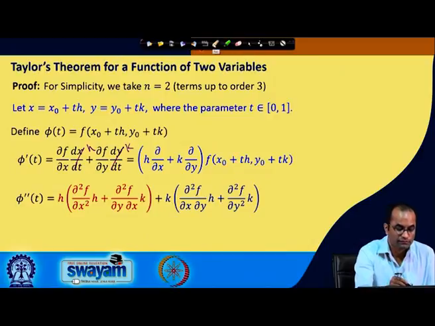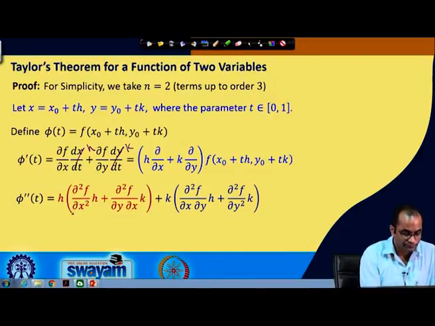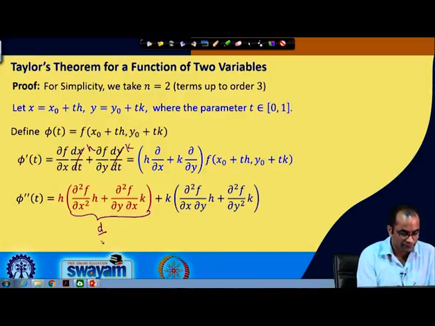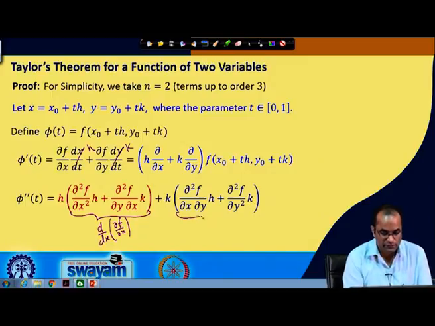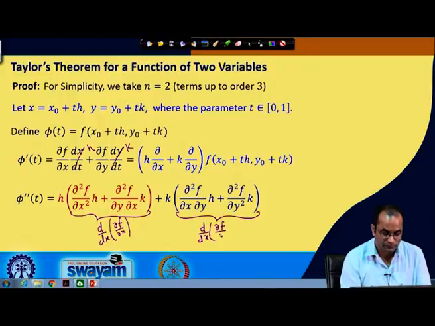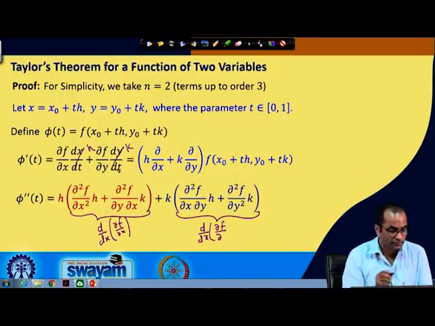Again, to make it clearer, this is the term when we take the derivative of del f over del x, and this h was already here, the k was there, and this is the term which we have computed here, d over dx of del f over del y, with respect to t.